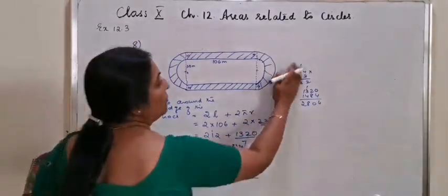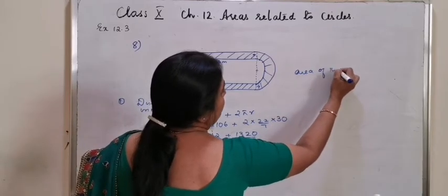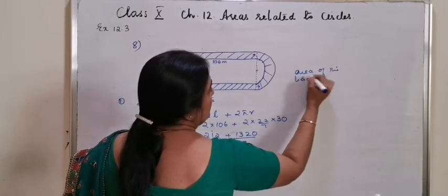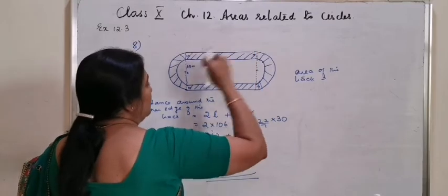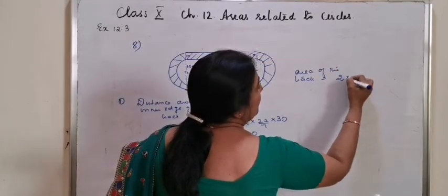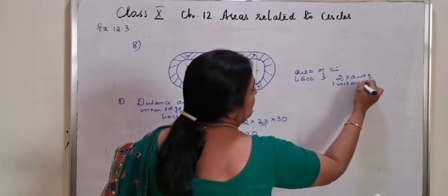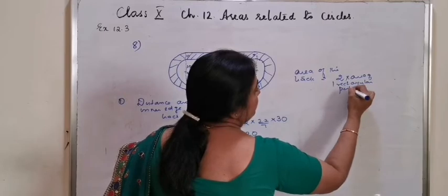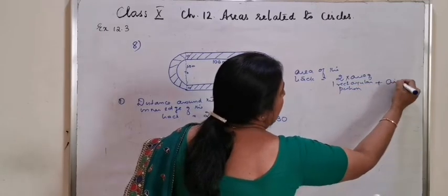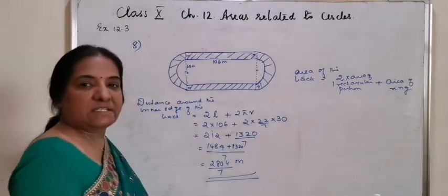So area of the track is equal to area of two rectangles, 2 into area of one rectangular portion, plus area of ring. The formula has to be substituted.